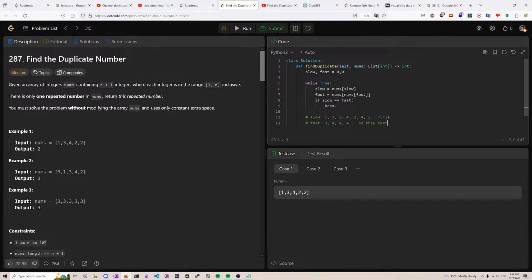So they meet at 4. Okay, so they meet at 4. So they both equal 4.